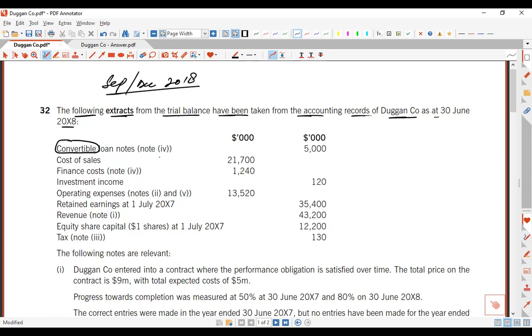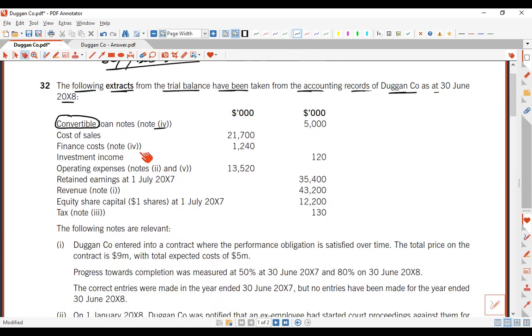Convertible loan notes, note number 4, amount is 5,000. Cost of sale 21,700. Finance cost as given in note 4, the same reference for loan notes and finance cost. And finance cost for the year is 1240. Investment income is given; we will be recording this income in the P&L as per requirement A. Operating expenses, note 2 and note 5, amount is 13520.